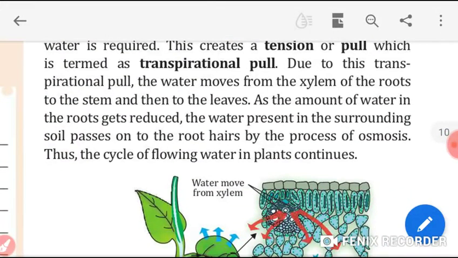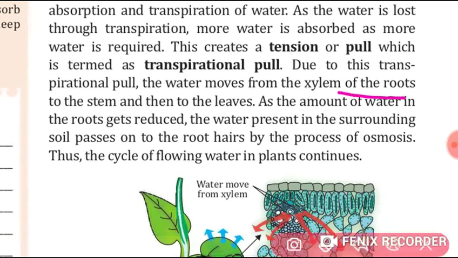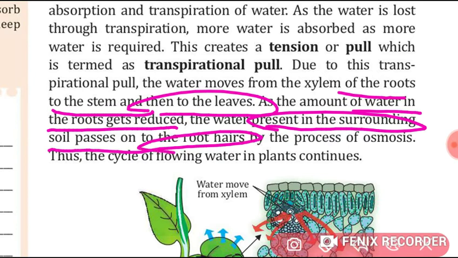Due to this transpirational pull, the water moves from where? Xylem of the root to the stem and then to the leaves. As the amount of water in the roots gets reduced, the water present in the surrounding soil passes on to the root hairs. By which process? By the process of osmosis.